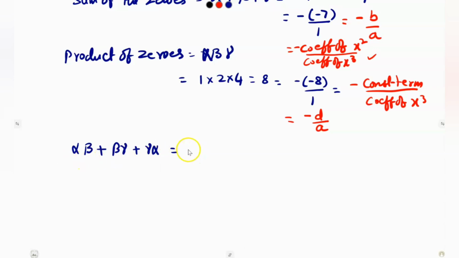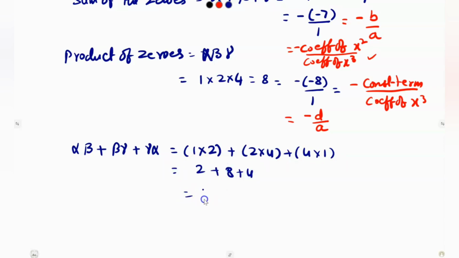Now substituting the values, 1 into 2 plus 2 into 4 plus 4 into 1, as alpha, beta, gamma are 1, 2 and 4. So we get the answer as 2 plus 8 plus 4, which is equal to 14. Again, I'll write this 14 as 14 by 1, where 14 is the coefficient of x.